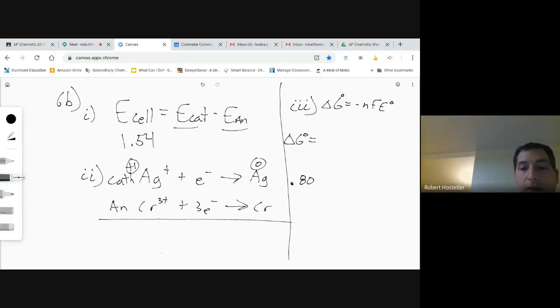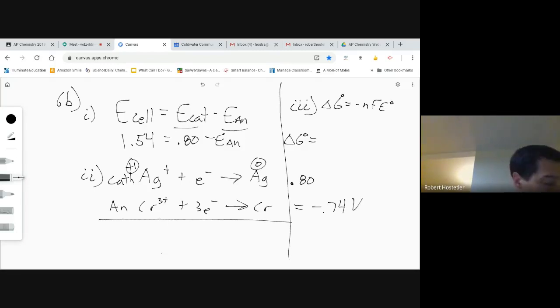So we know that we can put the 0.8 in for the cathode. And then you can do a little math and figure out the E for the reduction potential for the chromium, and that's going to be a negative 0.74, and remember that's volts.